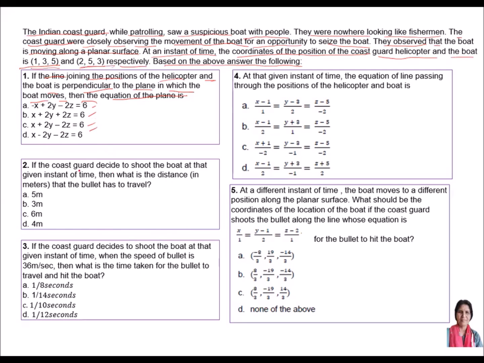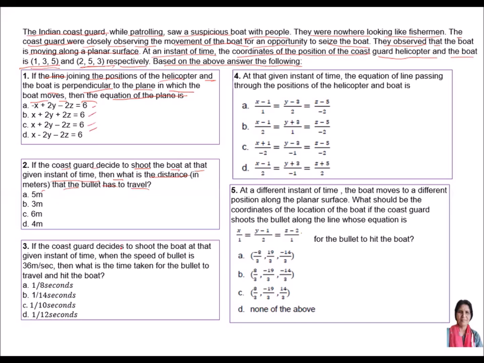two given points. Second question: if the Coast Guard decides to shoot the boat at the given instant of time, then what is the distance in meters that the bullet has to travel? That means you have to find the distance between two given points.